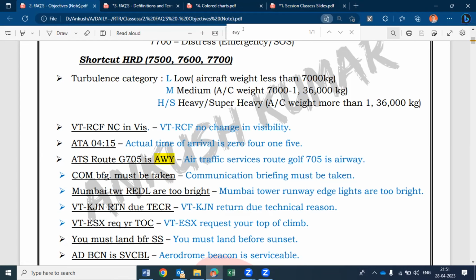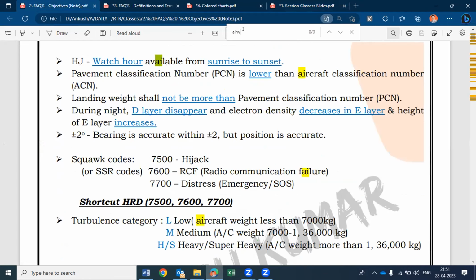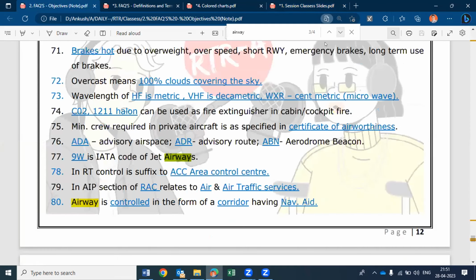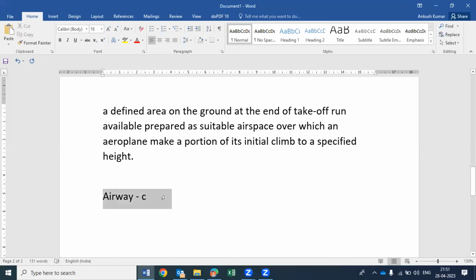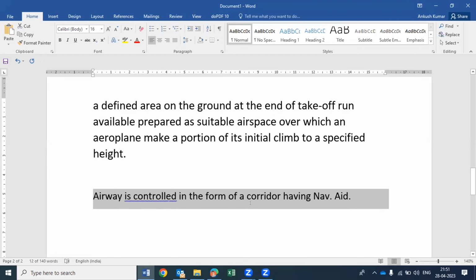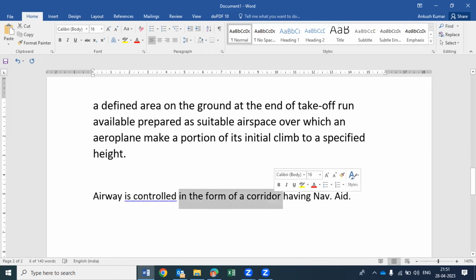Everyone got it? So what does airway really mean? Airway means a corridor of a controlled airfield. Okay? Otherwise, you can also write as per standard definition: airway is controlled in the form of a corridor.